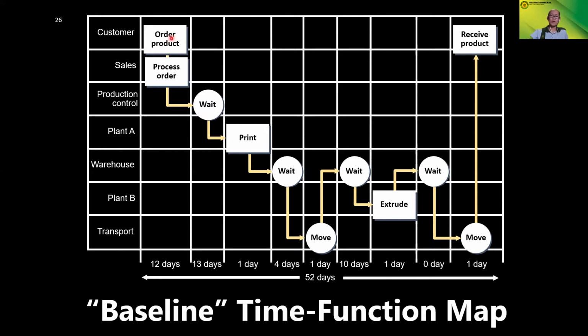For ordering and processing the order, it took 12 days already, and it took another 13 days before the order was printed, when in fact this cannot be done in a single day, no? So by looking at the baseline function map, we can already see that there is room for improvement. Let us look at the next slide and see how the improved function map looks.